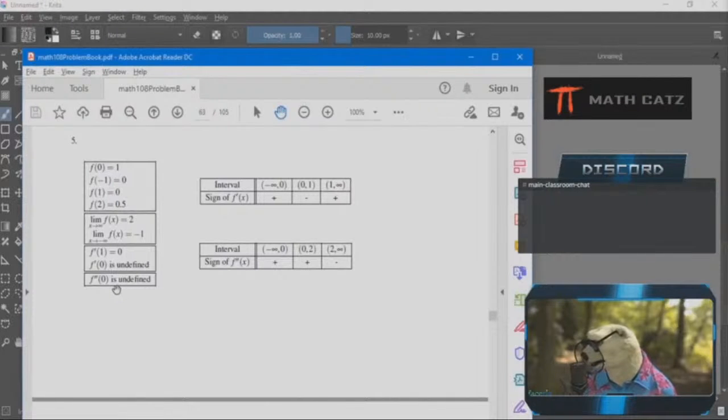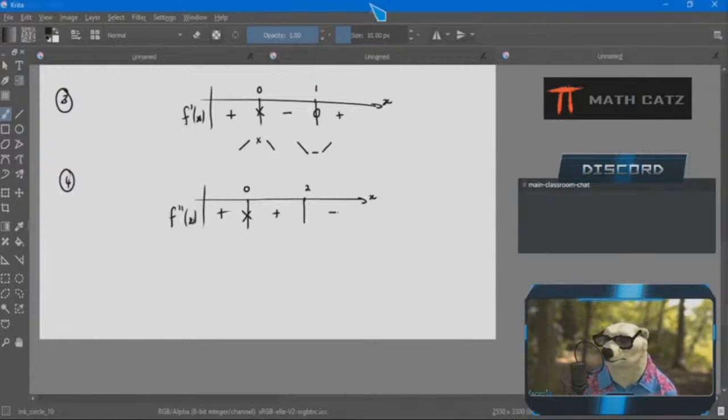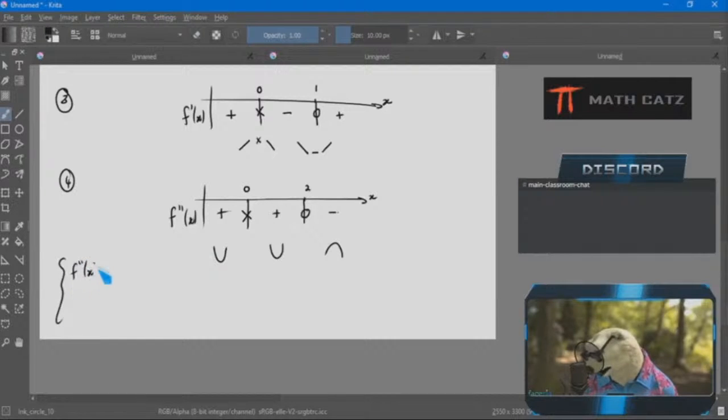Oh. They could have at least given me a 0 or something. Maybe it's just nothing. They didn't tell me anything, so I'll assume as little as possible. That's okay. I don't necessarily need to know what happens there. I'm bending up, bending up, bending down. It's going to have to be a 0 then. It has to be one of them because that's where these points come from. Remember, they come from the check: second derivative equals 0 or second derivative is undefined.